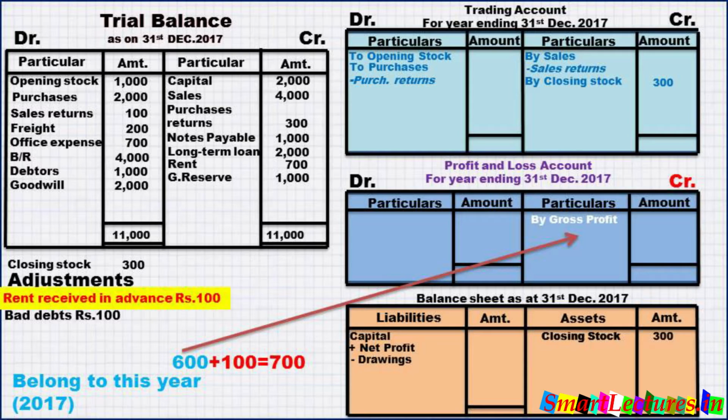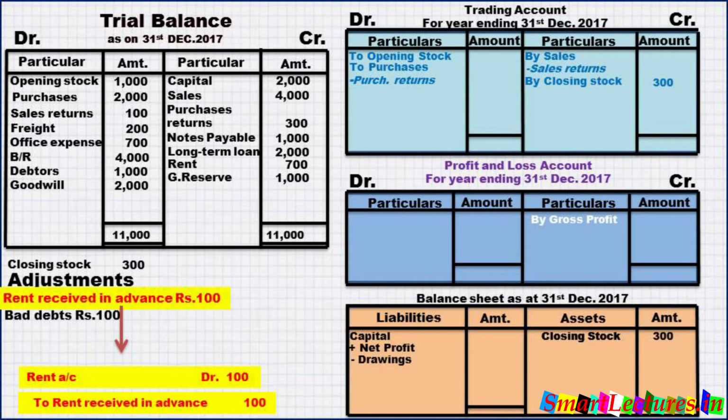Anyhow, let's make a journal entry, how the journal entry looks like for rent received in advance. Rent account debit to rent received in advance, 100 rupees. Basically, rent is income, but in this journal entry, rent is being debited. So one thing is clear, rent will be reduced by 100.